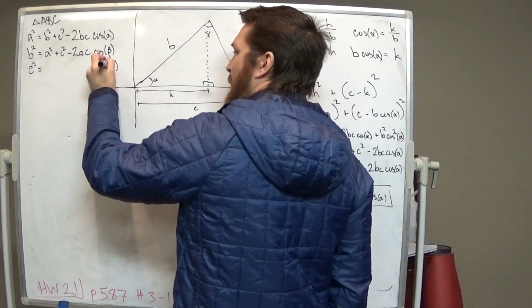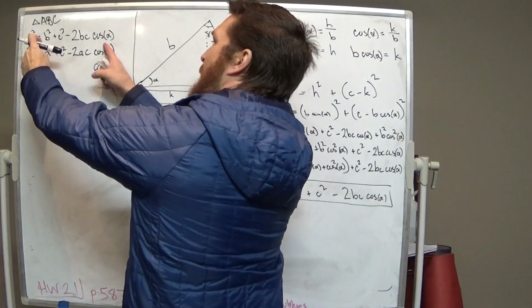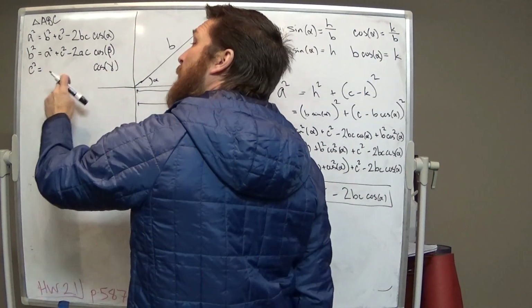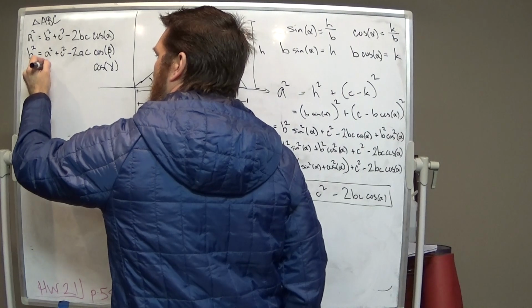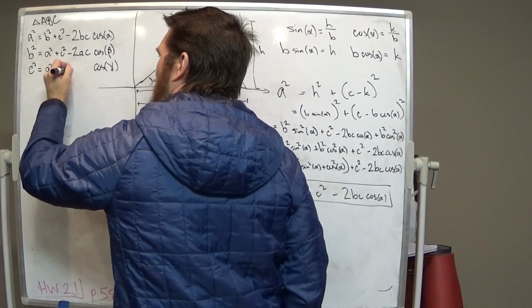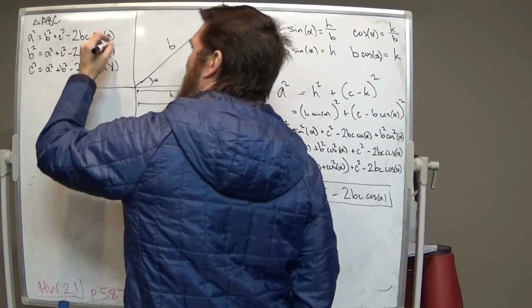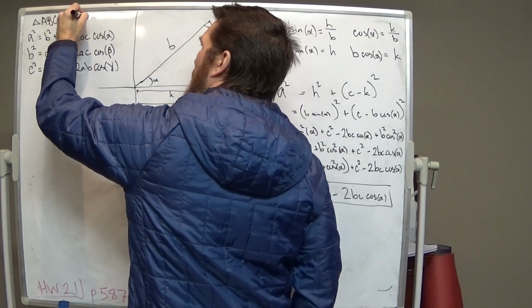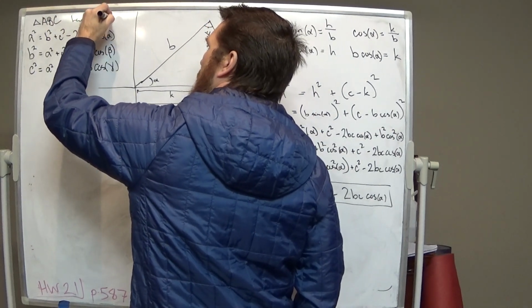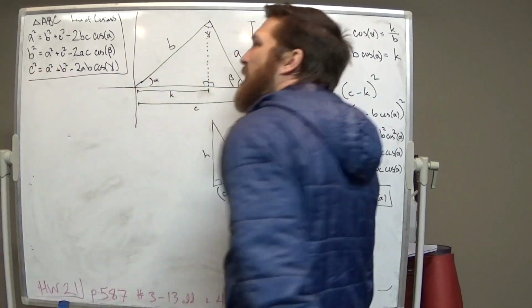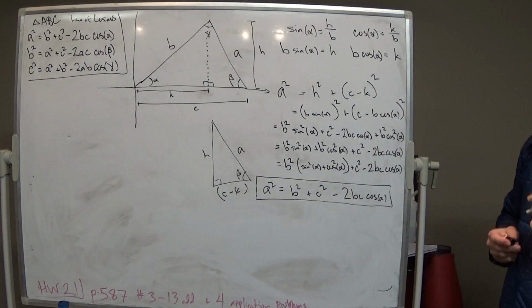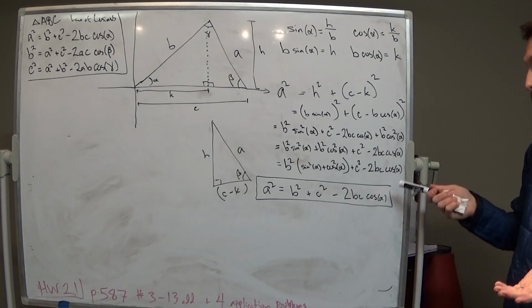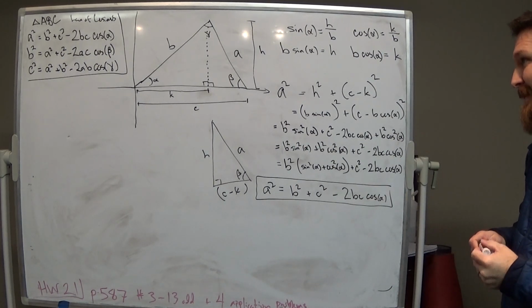Gamma, because it's these pair together. And then it would be what sides? a squared plus b squared minus 2ab. So this is the law of cosines. Given a triangle ABC with the usual lettering, these are true. And we don't need to go through and prove the other two, because, come on, this is what we just did.